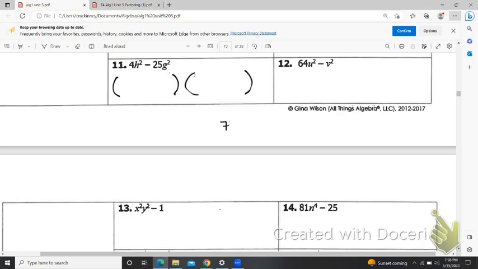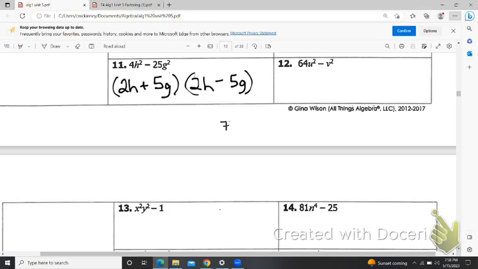I like to just go ahead and set up my 2 sets of parentheses to get 4h squared, 2h, 2h, to get 25g squared, 5g, 5g. Notice g squared was at the end, so both of the last terms get g's. It's not gh squared, like not g squared, h squared together.